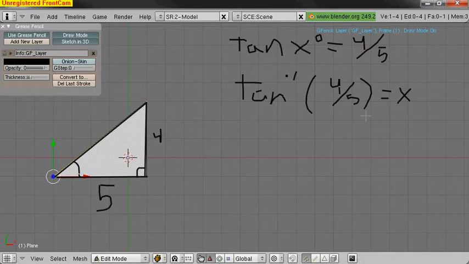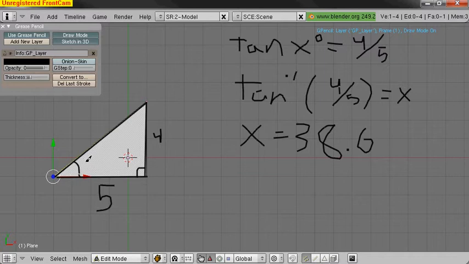So then we type 4 divided by 5, and it gives us 38.6 roughly. And that looks about right. If this dot were here, that would be 45, so it's a little less than that. That looks good.